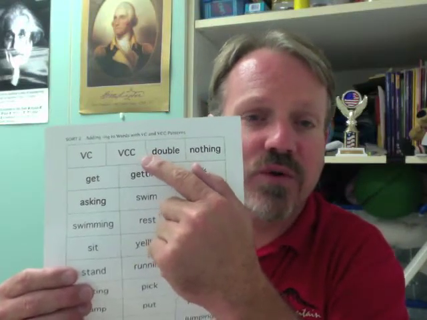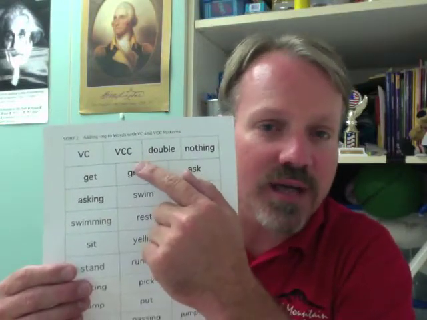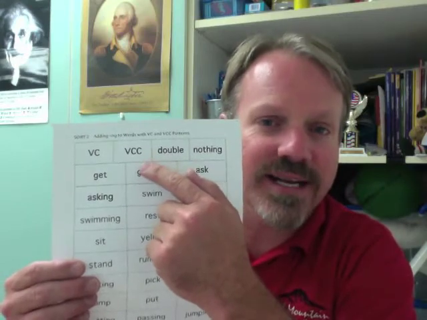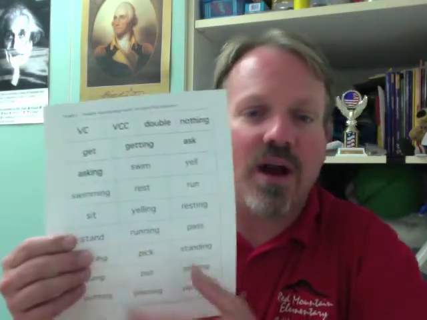On this sort, they're doing VC, which is vowel consonant, and VCC, vowel consonant consonant. They'll cut out all these words individually. After they're finished, we want them to put them in a zip-top bag and zip it so they can keep this and do their sorts on Tuesdays and Wednesdays.